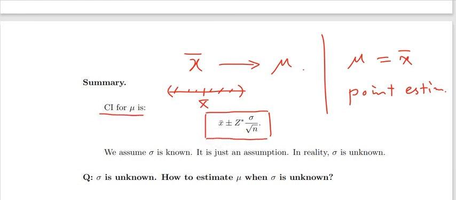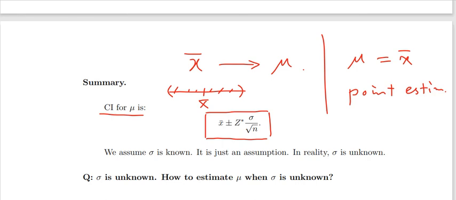Okay. So using this formula, we just need to find this star, because from the sample we know the sample size n, we know the sample mean x bar, right? And this sigma. So here temporarily we assume we know this sigma.